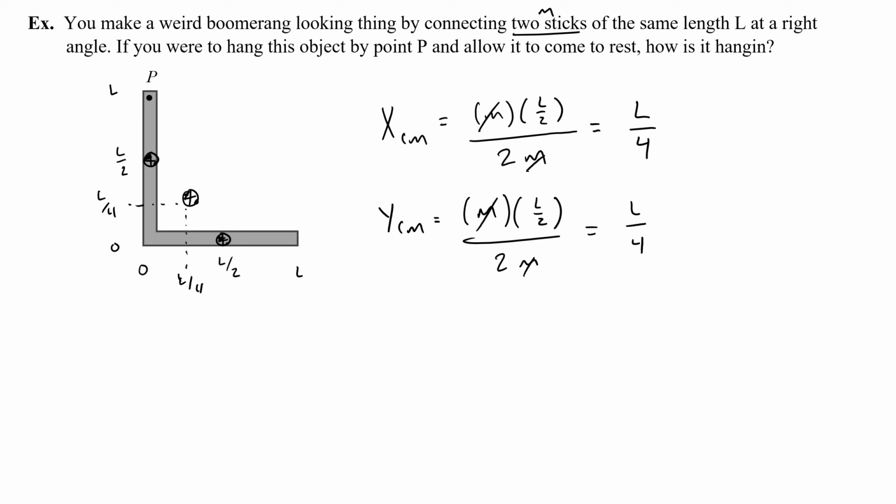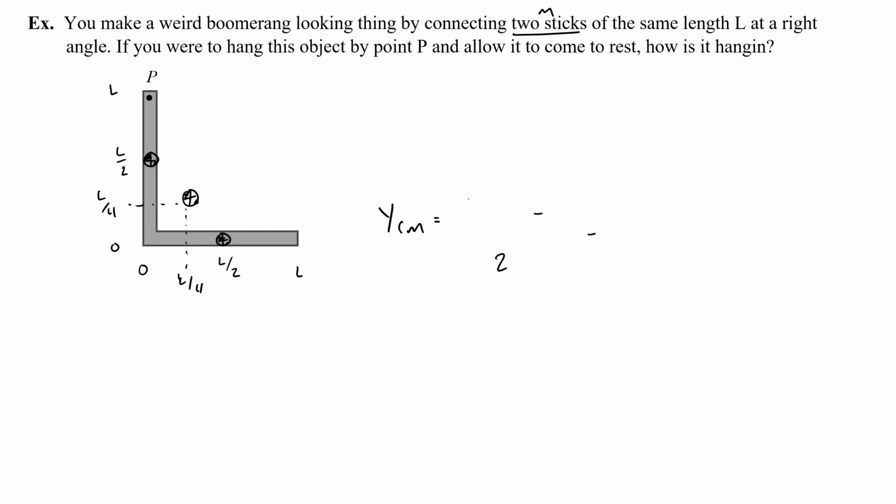So if you let something hang and balance around a pivot point, then you are going to have a center line, and the center of mass will go through that center line. I'm going to get rid of this work right here, and let's draw what this would look like. Well, basically, if we took this point P and put a string on it and hung the object there, then there would be a vertical line.